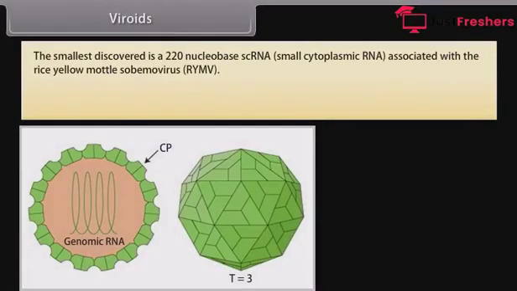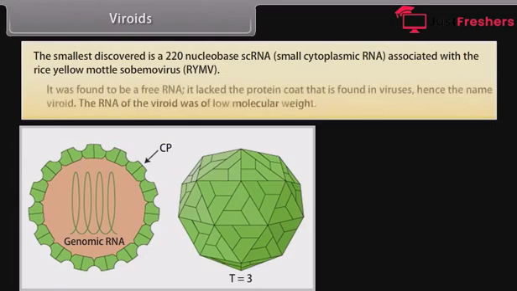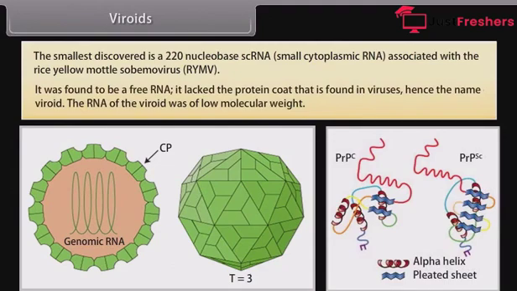The smallest discovered is a 220 nucleobase scRNA, that is, small cytoplasmic RNA, associated with the rice yellow mottle sobemovirus, that is, RYMV. It was found to be a free RNA.